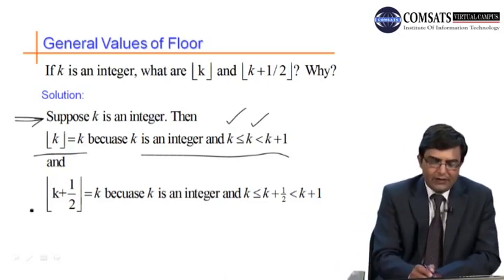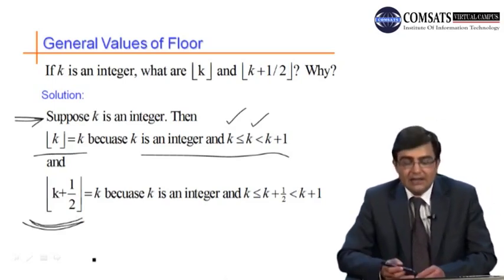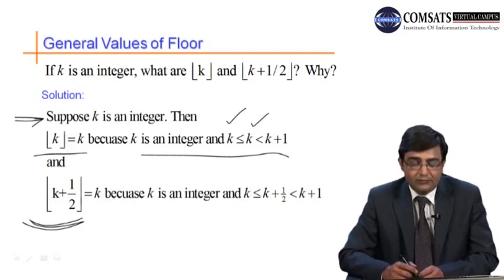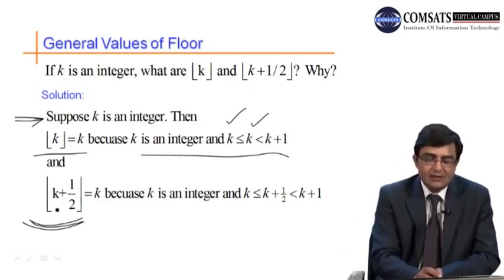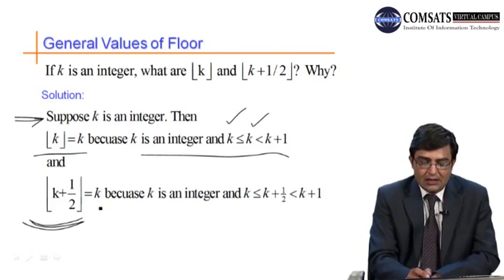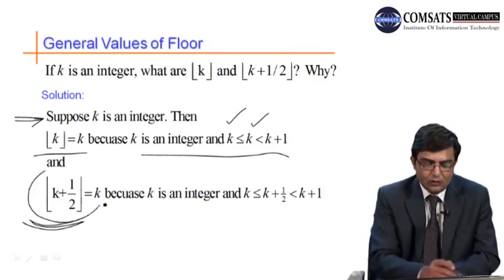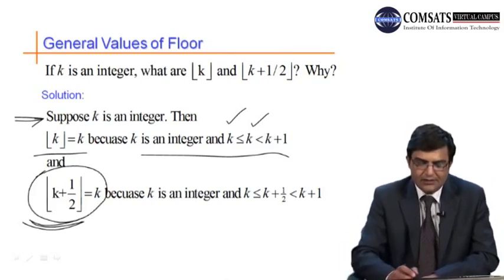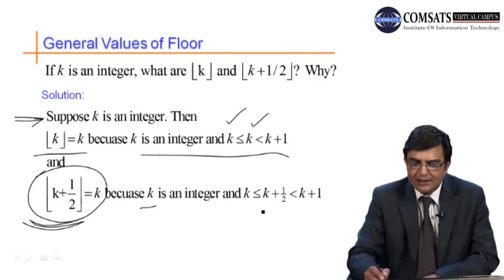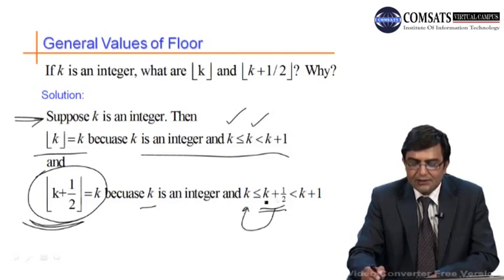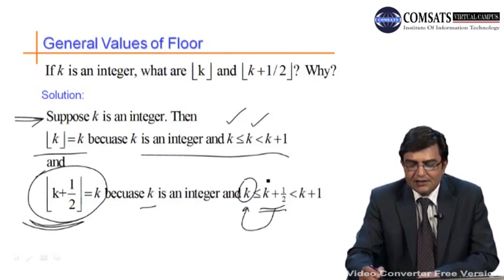Now, what will the floor of k plus 1/2 give us? Since k is an integer, this also gives us the value k. Why? Because k is an integer, and the immediate lesser integer than k plus 1/2 will be k, because we add a half, 0.5, to the integer.